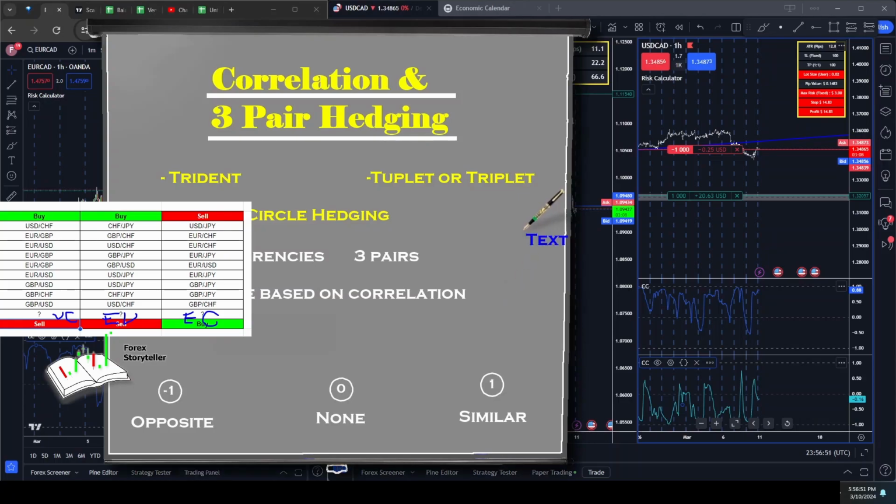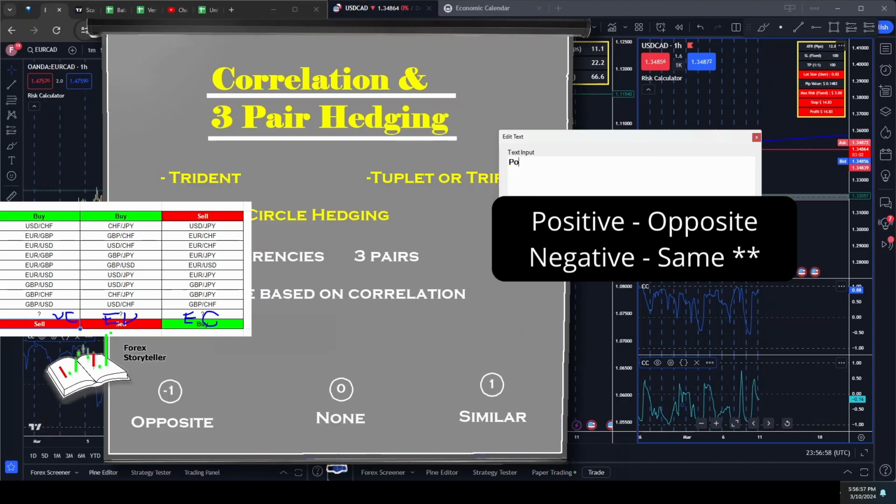So let me get this back up here. So just a quick note, positive, same, negative, opposite. Then you have 1 will be negative and 2 will be positive.